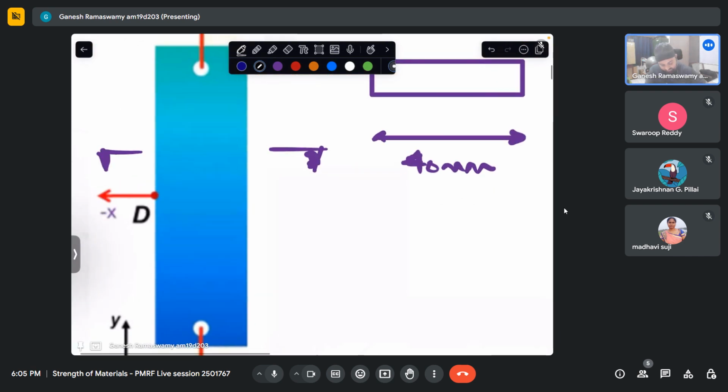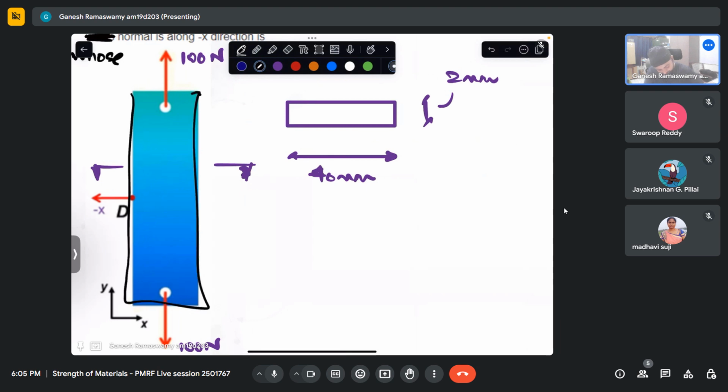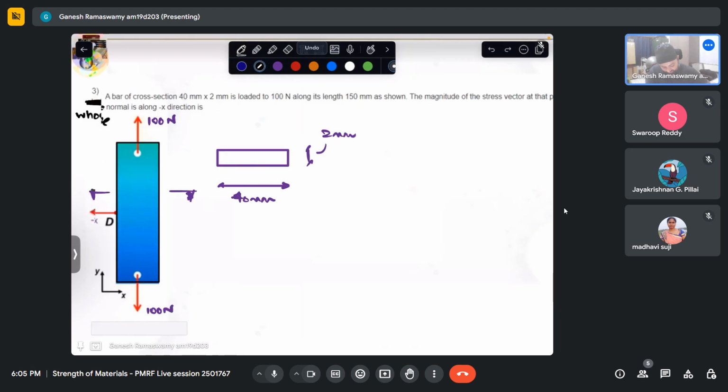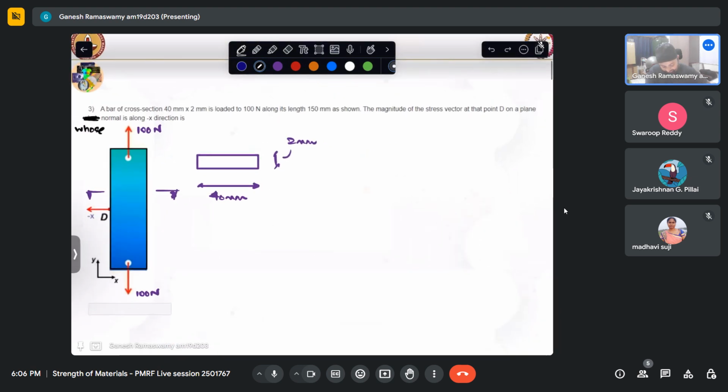So we can see that we have the rectangle like that, and point D is over here on the side surface of that. So what is asked is the magnitude of the stress vector at that point.